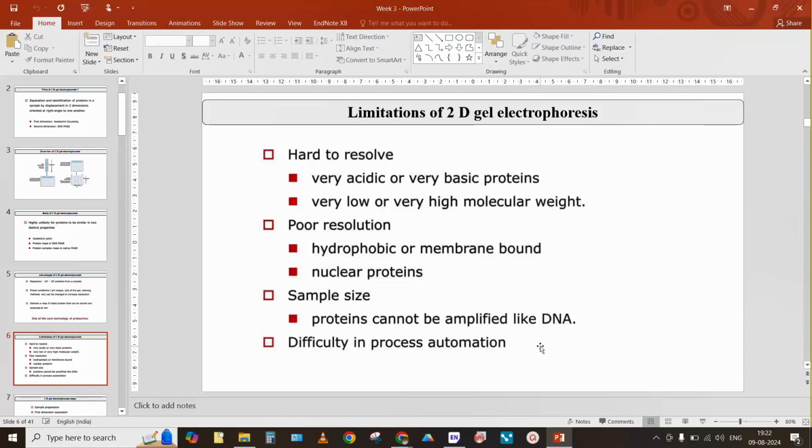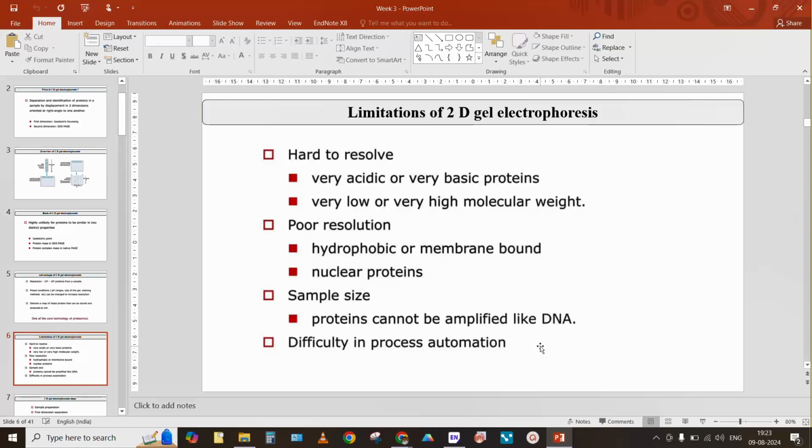Also, there is limited protein solubility. Hydrophobic proteins, membrane proteins and other highly hydrophobic proteins are difficult to solubilize and separate using 2D gel electrophoresis. These proteins often precipitate or do not enter the gel effectively, leading to incomplete analysis of the proteome.